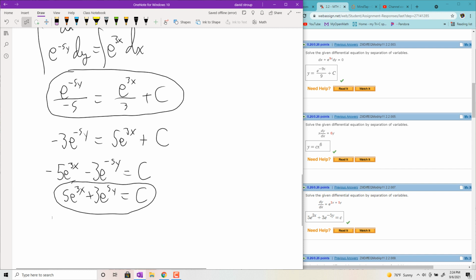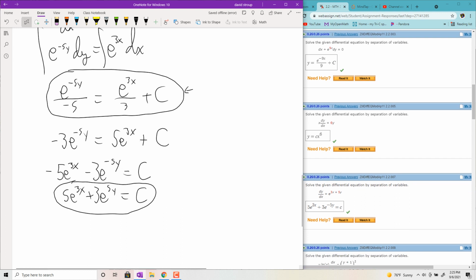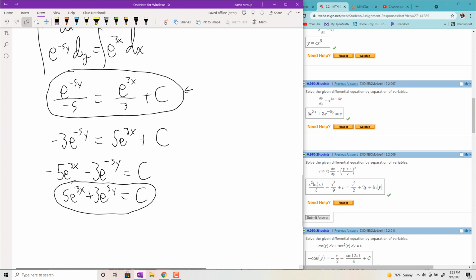That's kind of what I'm doing here. I'm more familiar with this last circled form, but you as a student are probably not familiar with all that many forms, and you'd probably just stop right there, right? So you can if you want to, and I'm sure the computer would be okay with that answer.